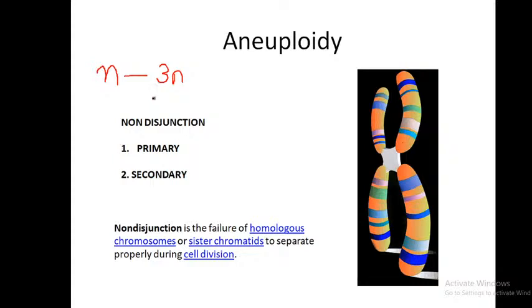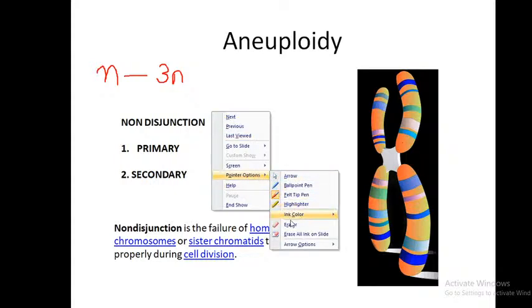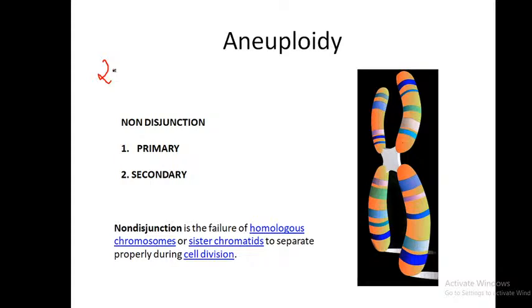For example, if the parental species is 2n, the offspring may have 3n or be short by one n, more or less, but not correct multiples. That is aneuploid. Aneuploids have one or two or a few chromosomes more or less than the basic number of the species. A difference of one or more chromosomes from the basic number is what we call aneuploidy. So aneuploidy means there is a change in number, but it is not doubling.